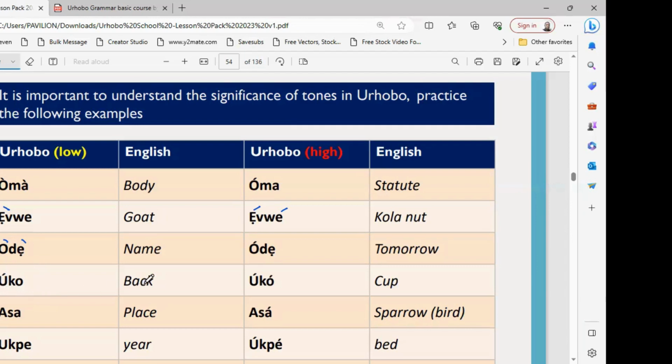Yes, Uko. Uko is back. Then the cup, rising. Uko, good. Now let's do some other exercises here.